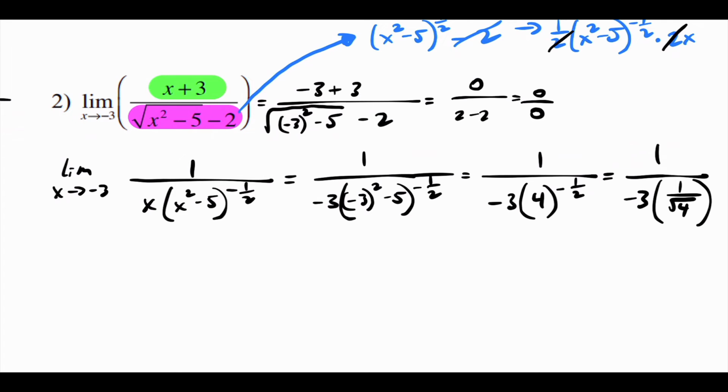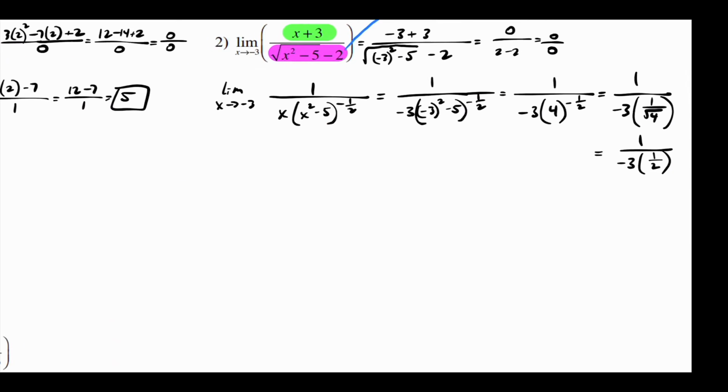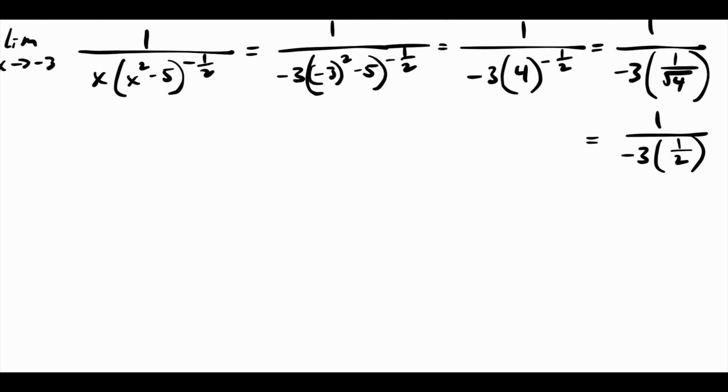Okay. So I get 1 over negative 3. Square root of 4 is just 2. Okay, so I get, move it over here.